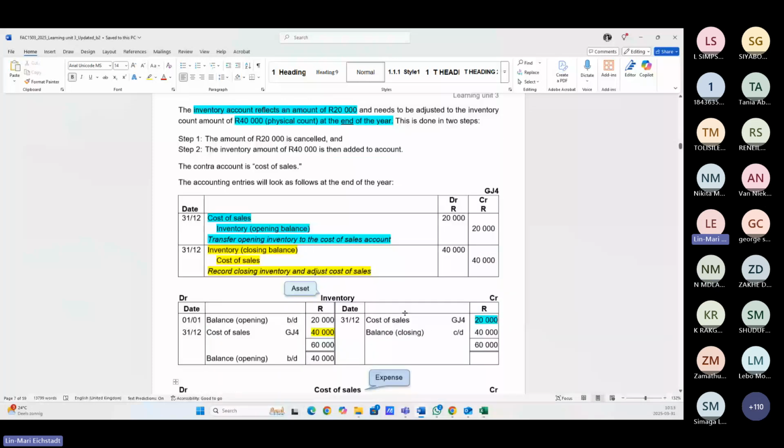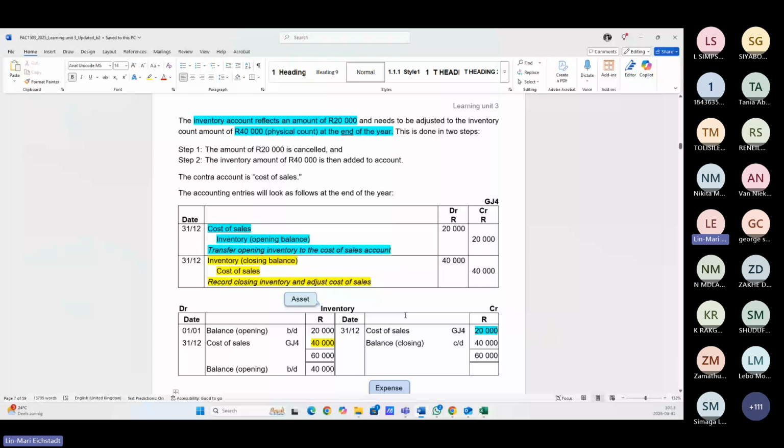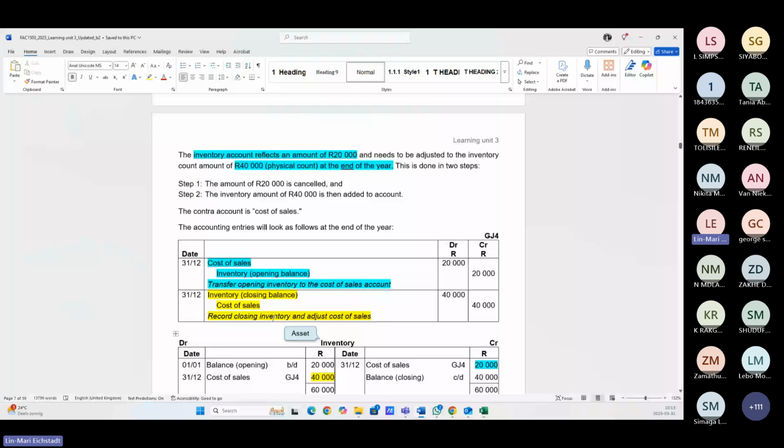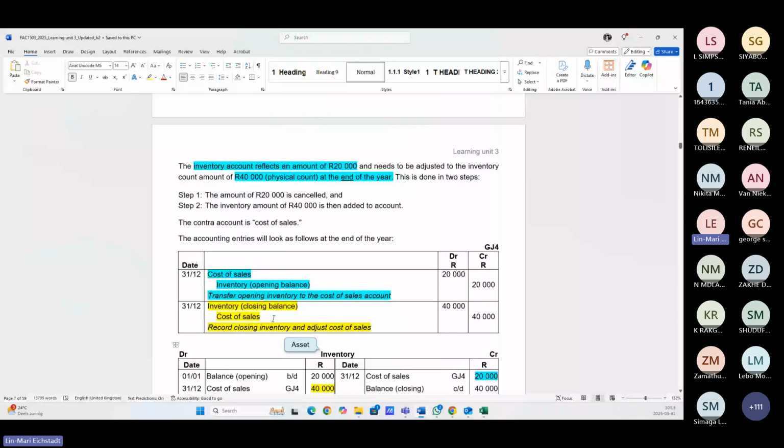So what we do is once we do our physical inventory stock take, right, we ensure that in our inventory account, we are now bringing in the real amount of inventory counted, right? So we had an opening balance of inventory, and during our year, for any periodic inventory system, we don't adjust our inventory account at all during the year.